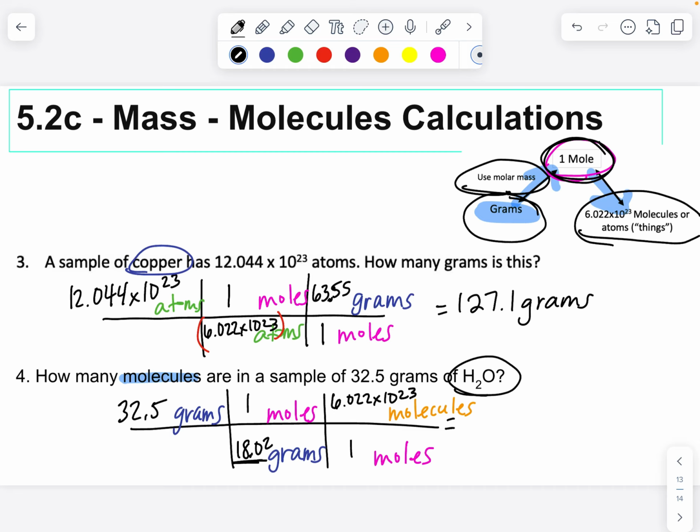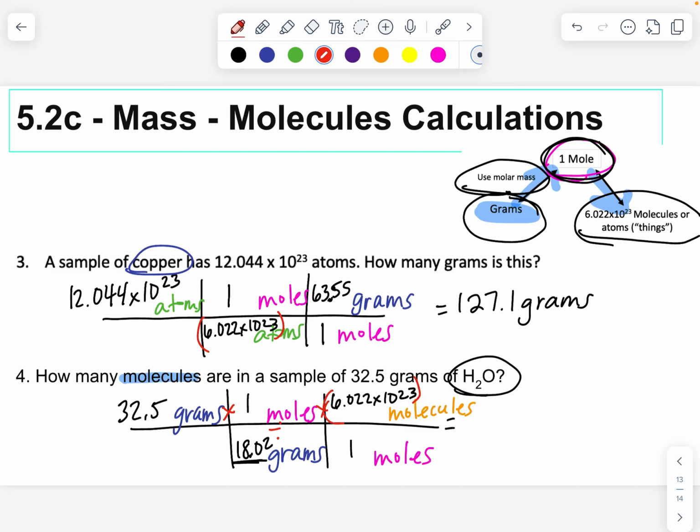Okay, so whatever goes on top goes on the bottom. I've used my map to fill in my numbers. Now I'm ready to multiply the top and then divide by the bottom. You do not have to use parentheses here, but if you want to, just get in the habit.